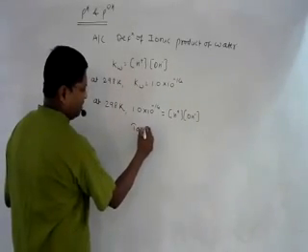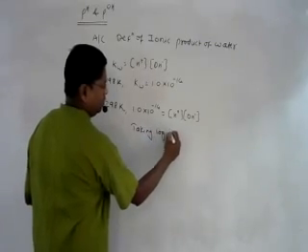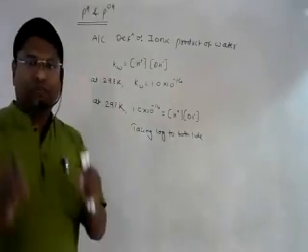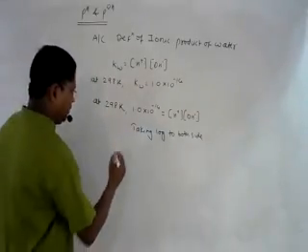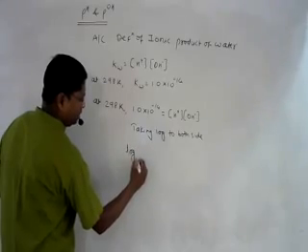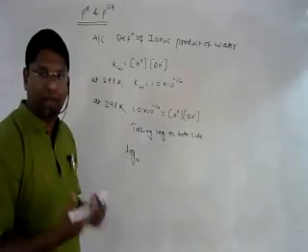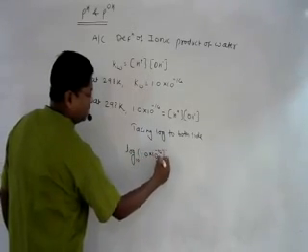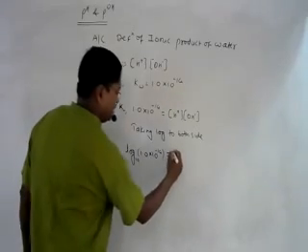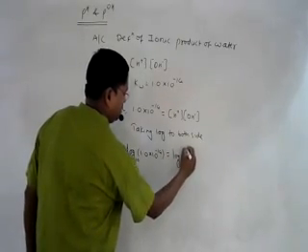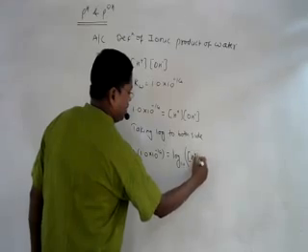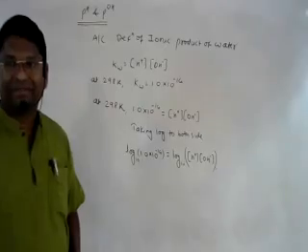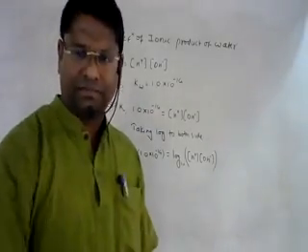Let's take log to both sides. Definitely the base is 10. We are taking log to the base 10 of 1.0 into 10 raised to power minus 14, that is log to the base 10 of concentration of H positive into concentration of OH negative. Let's solve this.